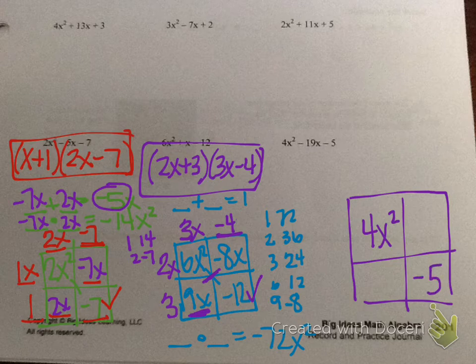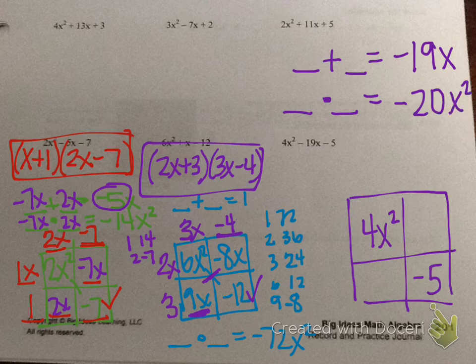And on this one, blank plus blank equals negative 19, and blank times blank equals negative 20x squared, because 4x times negative 5 is negative 20. To get negative 20 when you multiply and negative 19 when you add: negative 20x times 1x, negative 20x plus 1x.